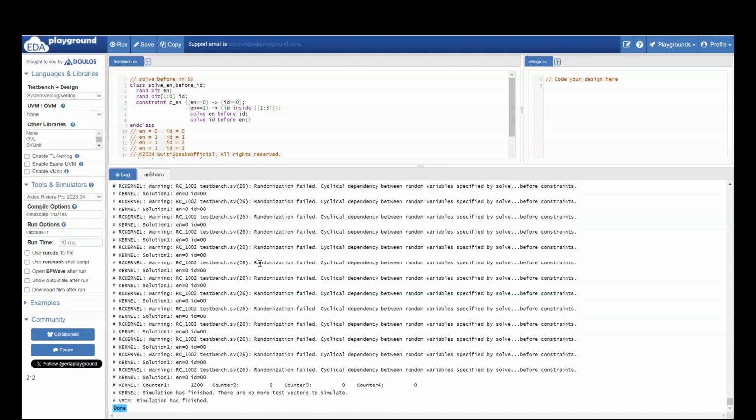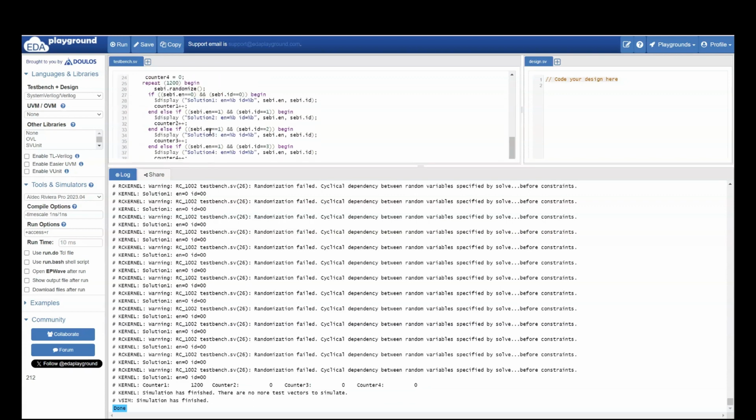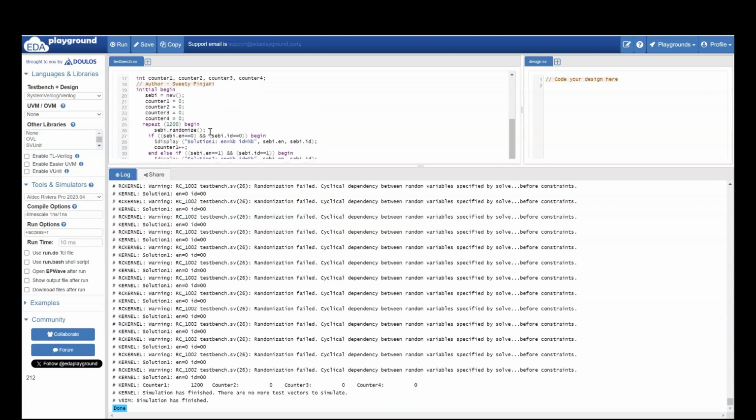Now again I am seeing an error. If you see even the counter, nothing got generated. Why? Here at line 26, when you are calling randomize, you are getting an error saying randomization failed. Why? Because there is a cyclical dependency between random variables specified by solve before.